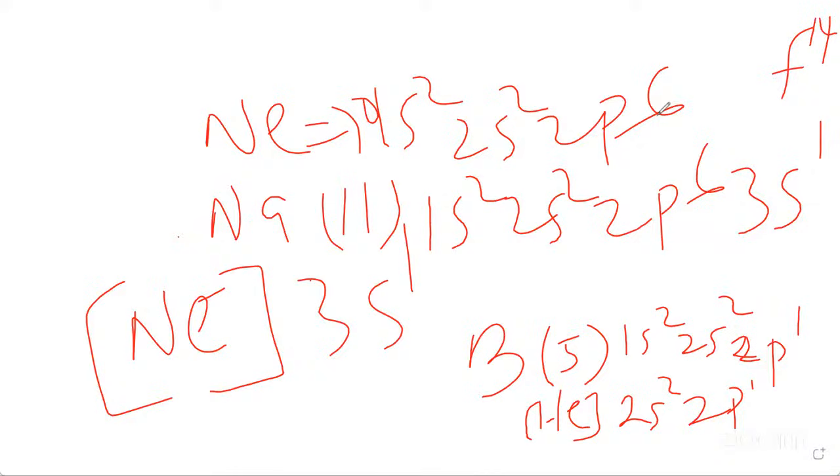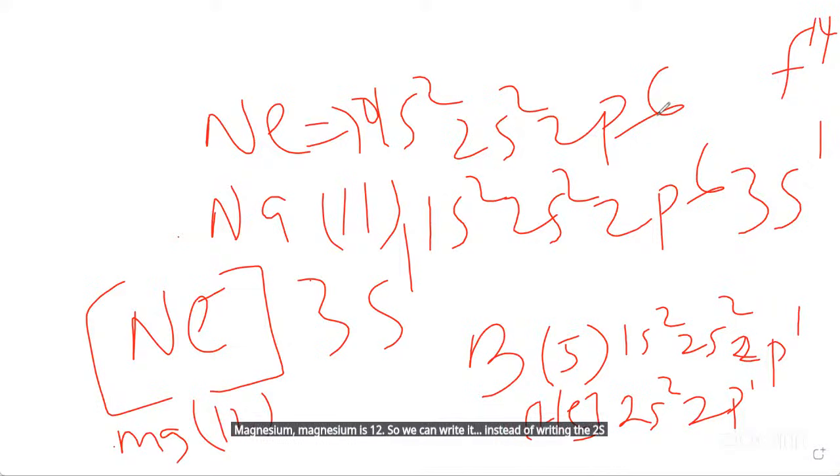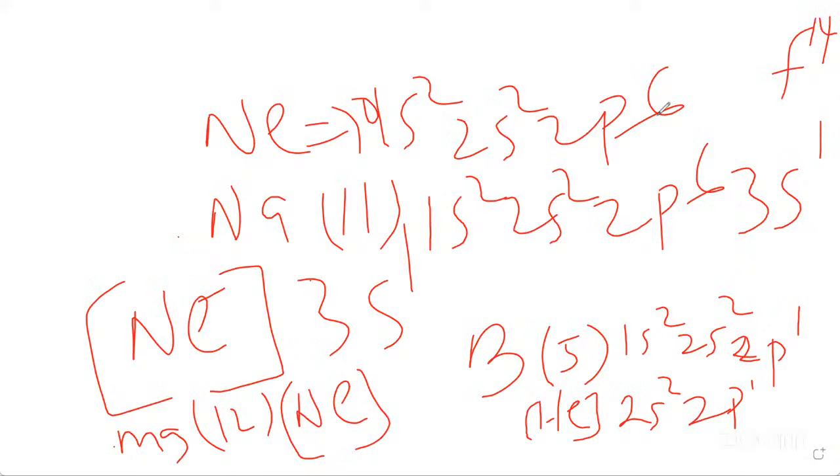The next one is your what? Magnesium. Magnesium is 12. So instead of writing 1s2, 2s2, 2p6, we can just write neon 3s2. Are we together?